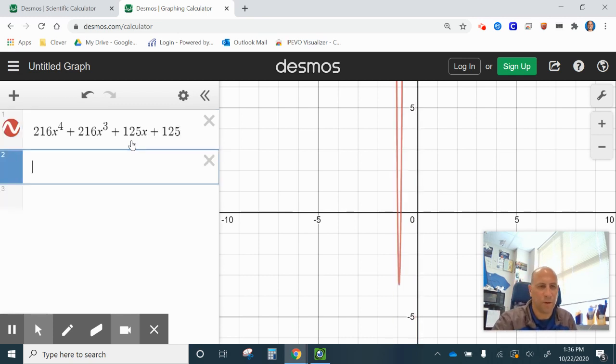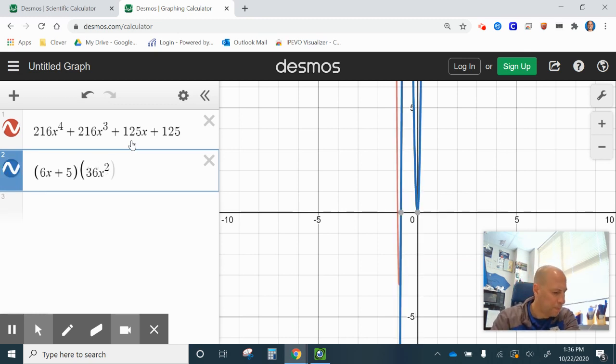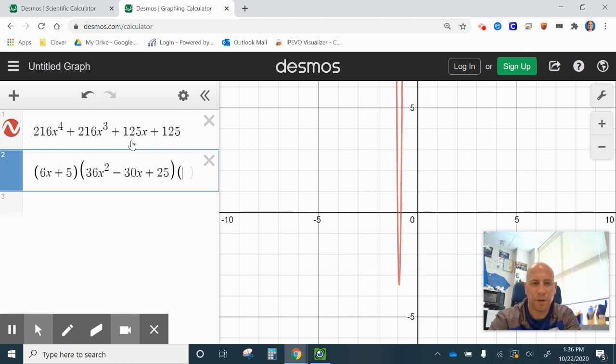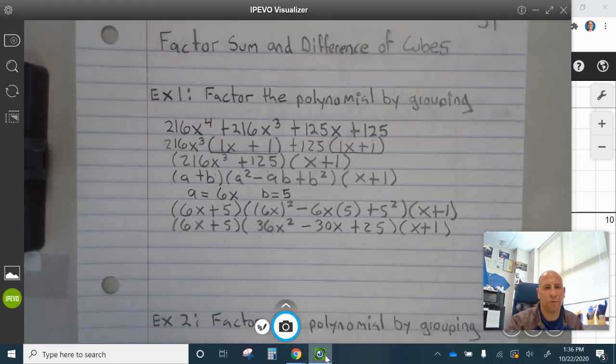And if we factored correctly, then when we graph 6x plus 5 times 36x squared minus 30x plus 25 times x plus 1, they overlap. And you see that they do. So this is a correct factorization of this. Okay? All right, go ahead and finish up example 1.